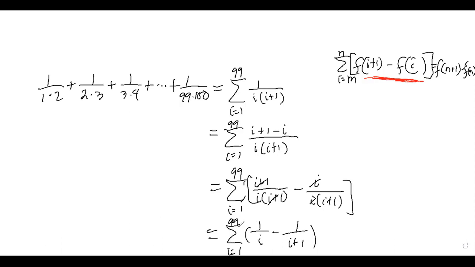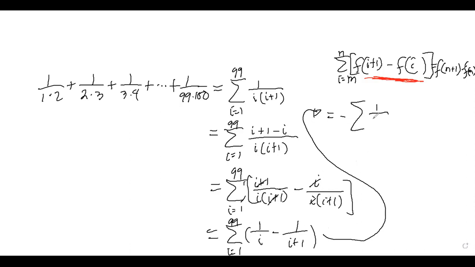But still, we cannot apply it here because this is just i, and this is i plus 1. So we should interchange them. The technique there is you just have to factor out the negative 1. As in our previous video, if the negative is here, you can set it aside. This time, you factor out the negative, so it becomes positive.